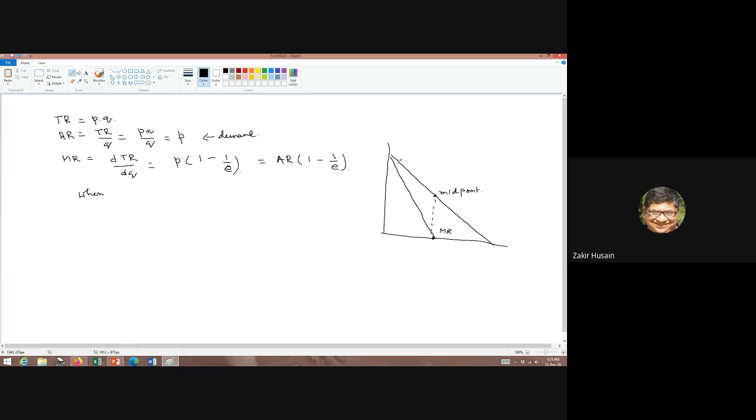At this point, what is elasticity? Greater than 1. If it is greater than 1, this will be less than 1. So MR will be positive, but less than AR. And in this range, MR will be negative.